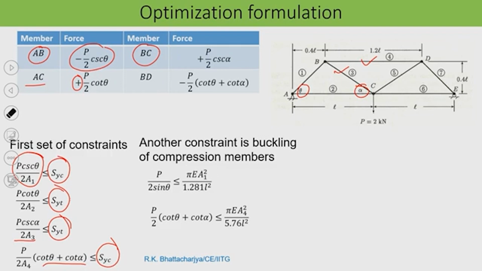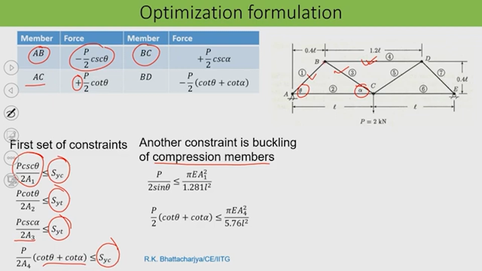The other constraints may be for the compression members. So, what are the compression members here? AB and BD. Okay. These two are your compression members, and these members should not fail in buckling.